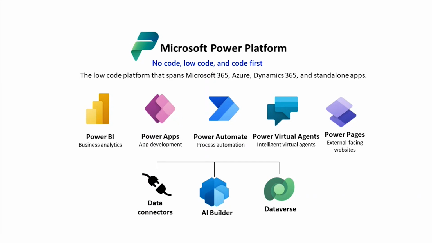So maybe also from a business point of view, you can have Power BI or different other Power Apps using different data connectors or the Dataverse, which you can imagine as a huge table with different rows.